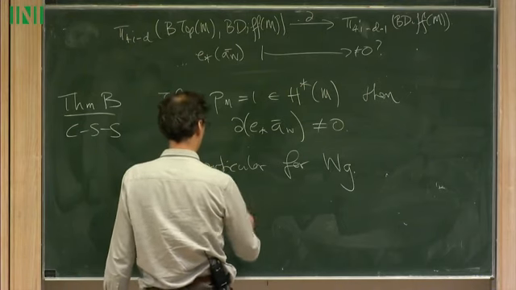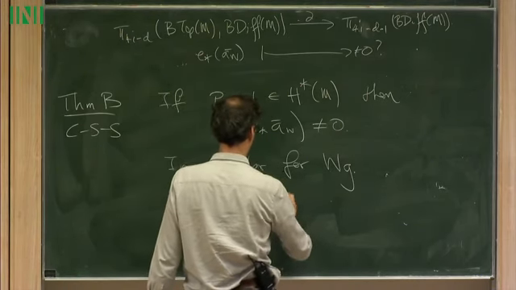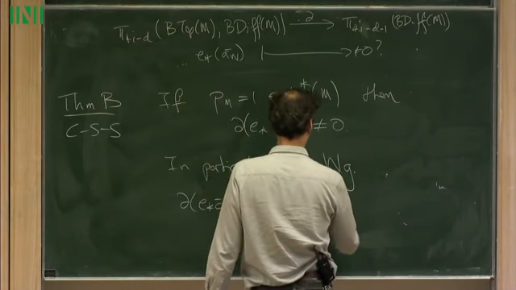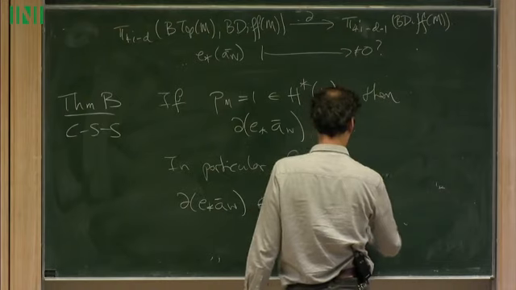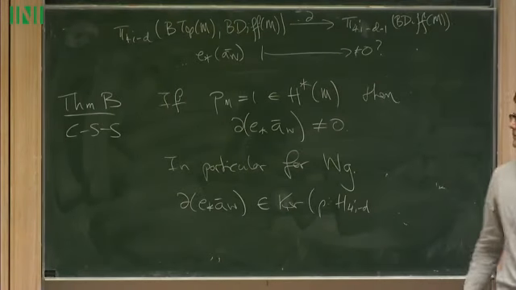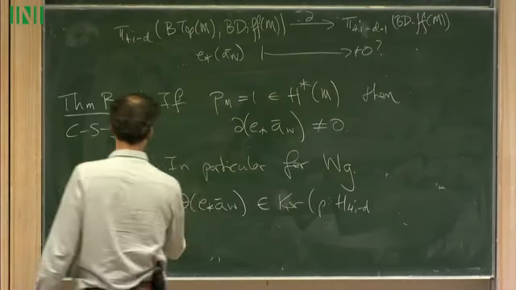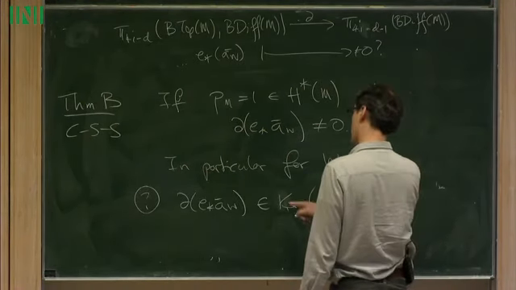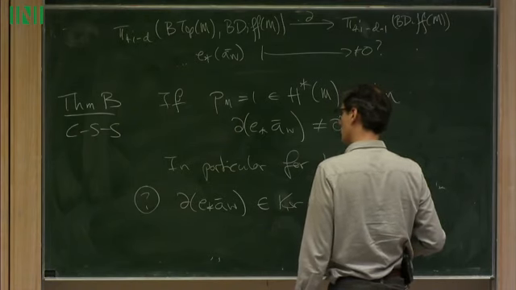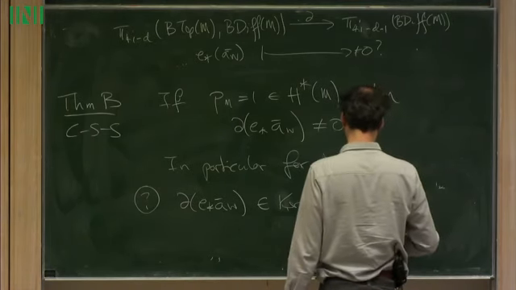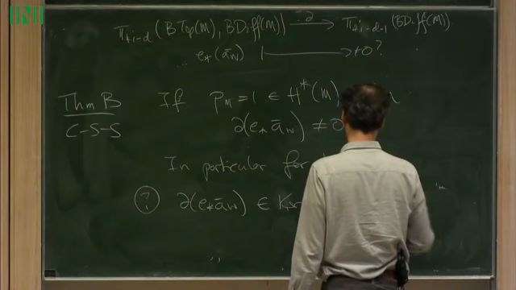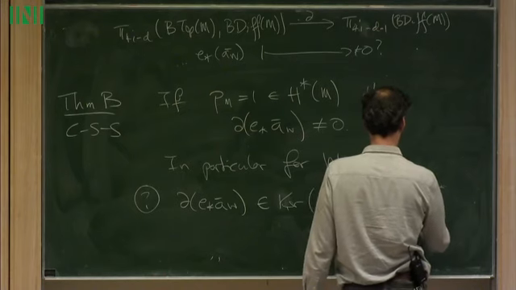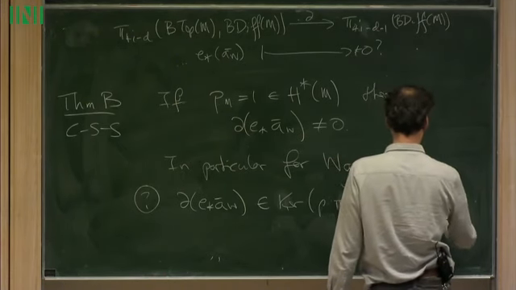Well, I think this is true, unless I'm making some mistake with finite generation. Certainly if these things had finite type, which they probably do in this range, that's okay. I don't think this is right.